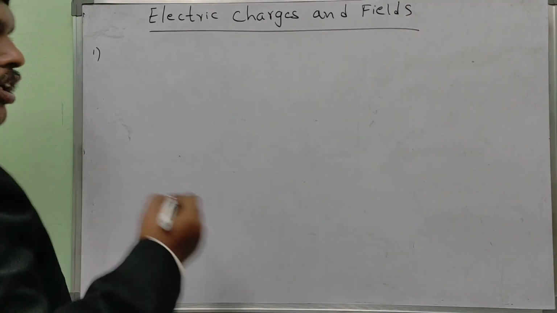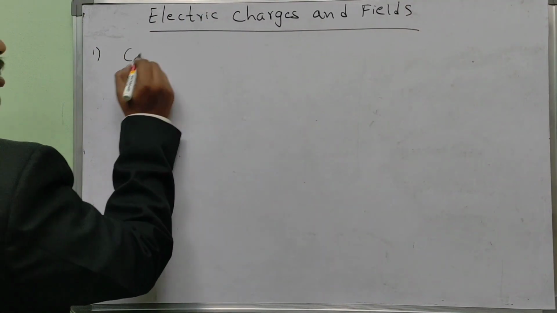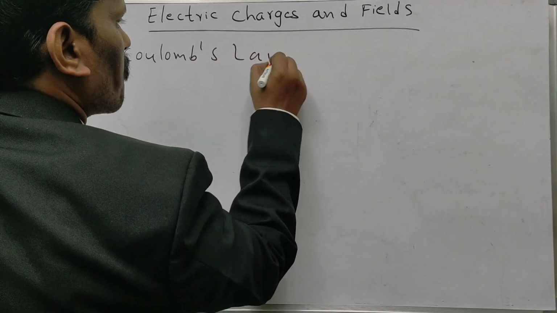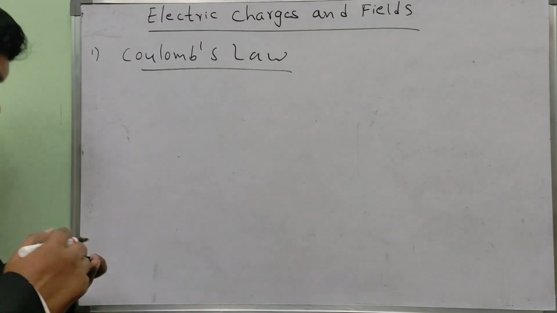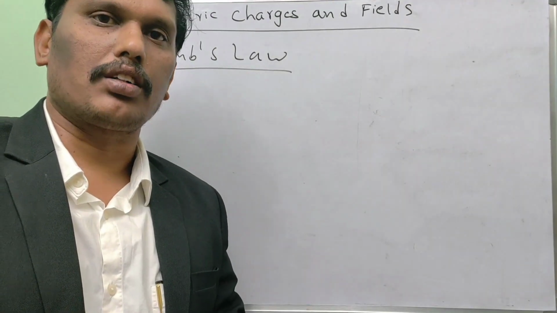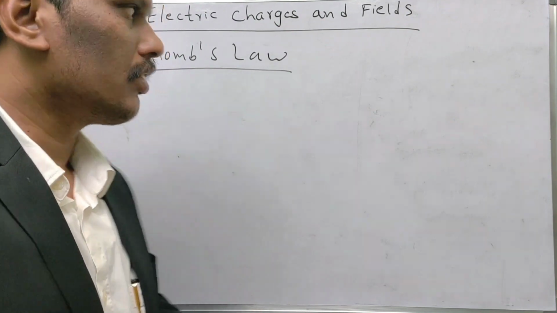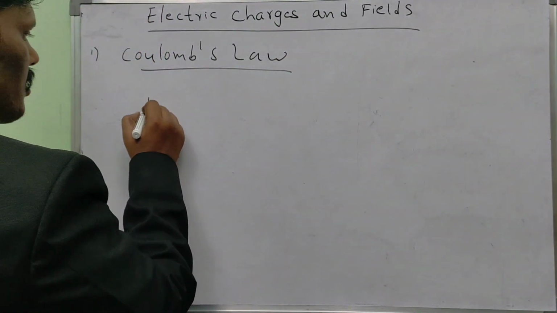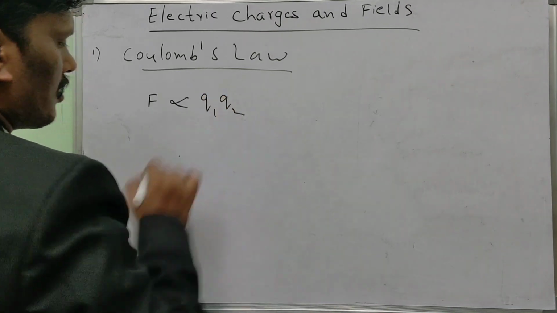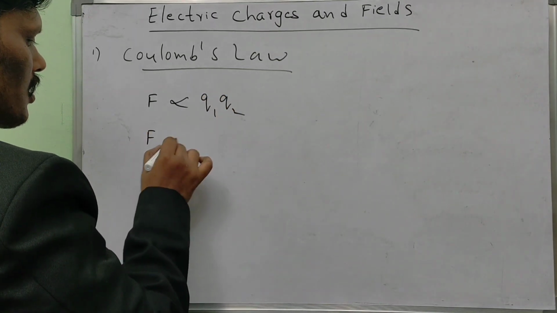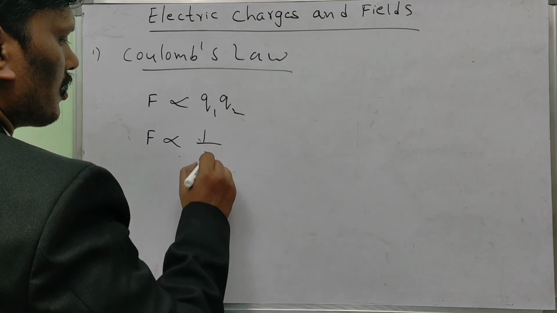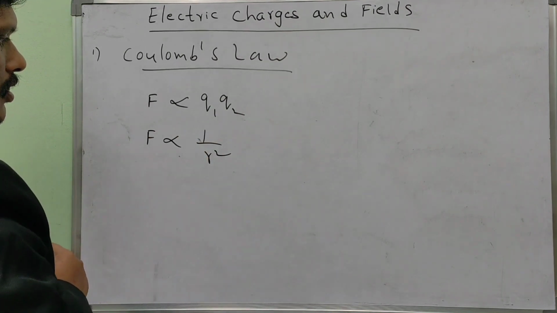So the first one is Coulomb's law. If I consider two point charges separated by a distance r, the force between the two point charges is directly proportional to the product of the charges, and inversely proportional to the square of the distance between those two charges.